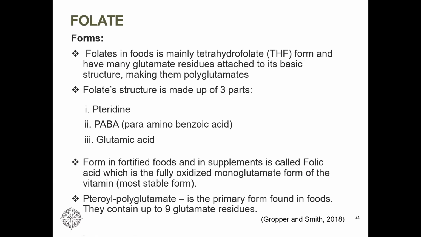And raw green leaves have a higher folate content, but we can destroy it when we are cooking. It is made up of 3 parts. Its structure has a pteridine group, PABA group, and a glutamic acid. So the form that is present in the green leafy vegetable is actually a polyglutamate form. That means a lot of glutamate chains are there.